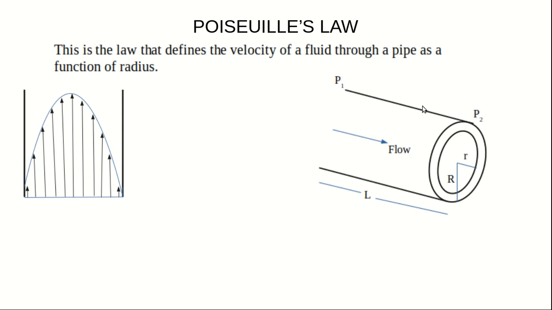If the two are equal, there will be no flow of fluid. But if P2 is greater than P1, the fluid will flow in this direction. We have a length L.